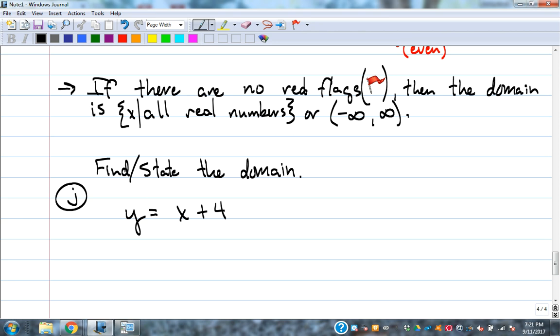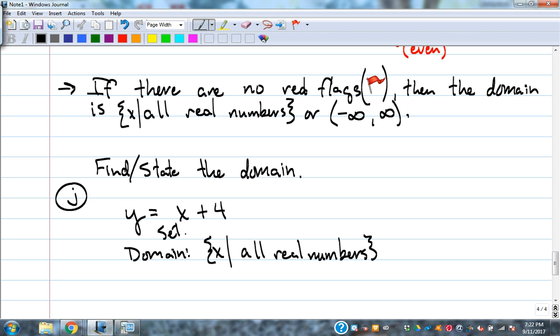So that means that this one has no red flags, meaning that the domain would be all real numbers. x such that x is all real numbers. That's the set notation.